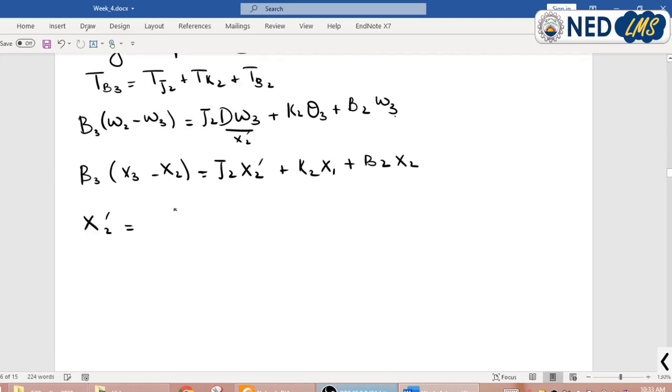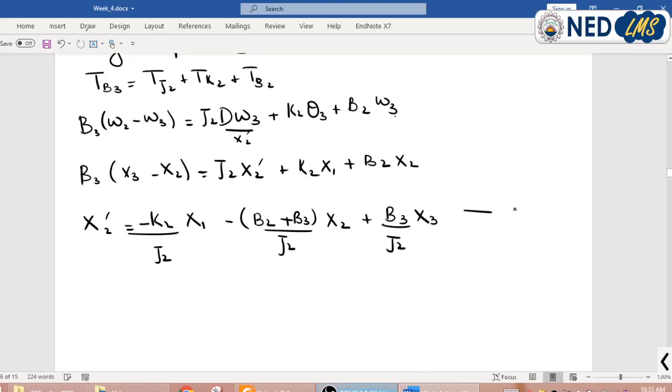So x2 dash will be equal to minus K2 over J2 x1, minus B2 plus B3 over J2 times x2, plus B3 over J2 times x3. This is my equation C.